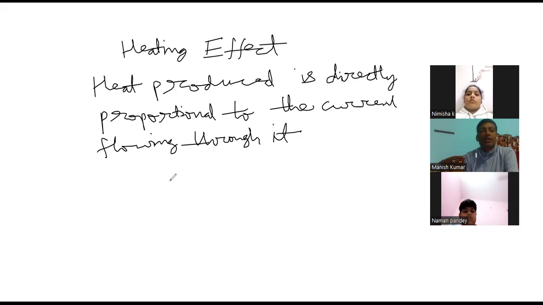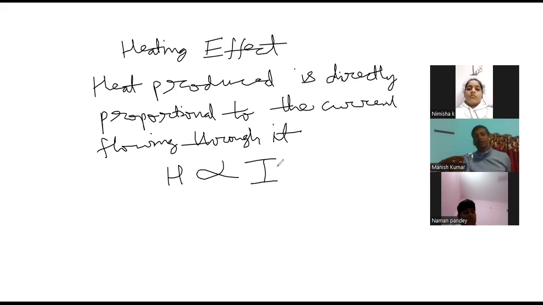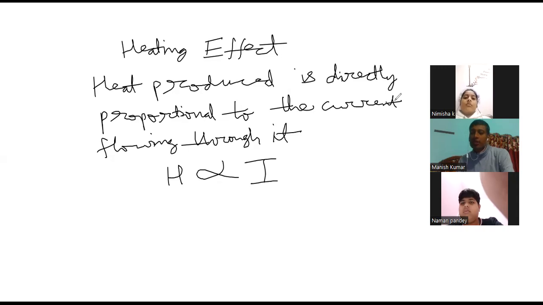That means if heat is represented as H, it is directly proportional to I, where I is the current. Clear? If the amount of current passed is more, then the heat which is produced will also be more. Means heat is directly proportional to current. Clear? Yes, sir.